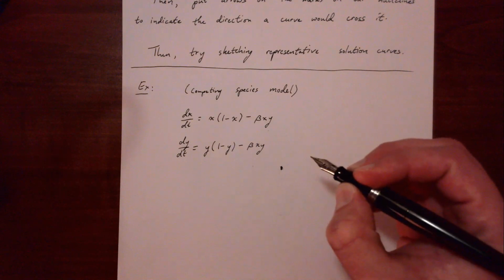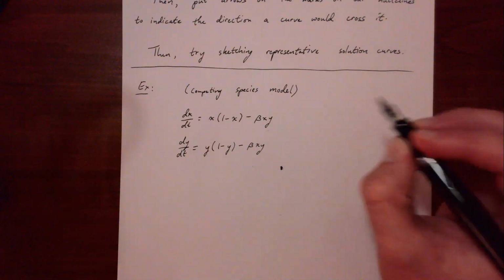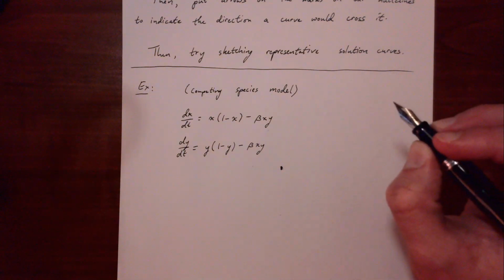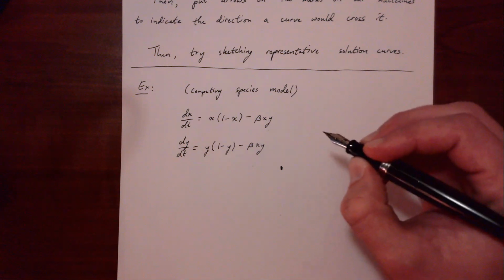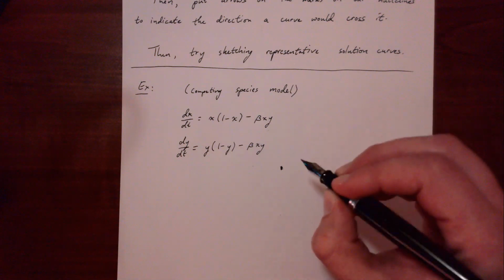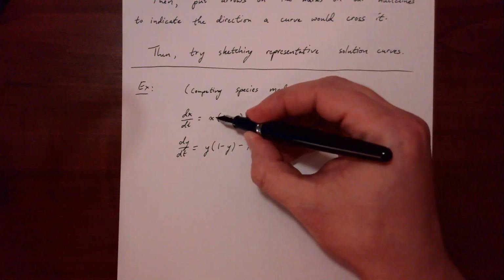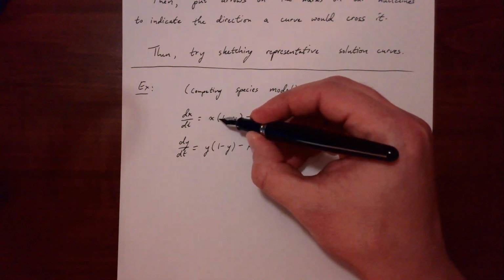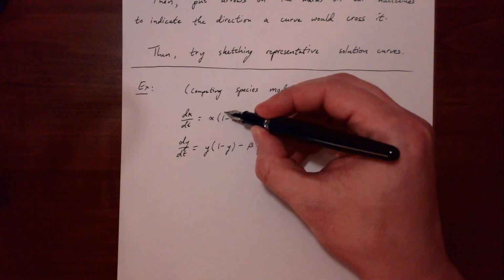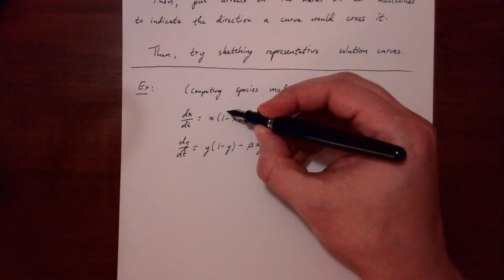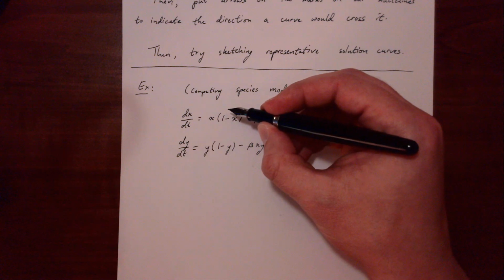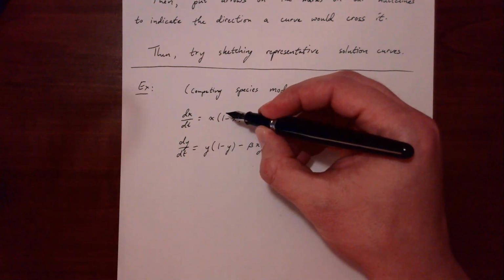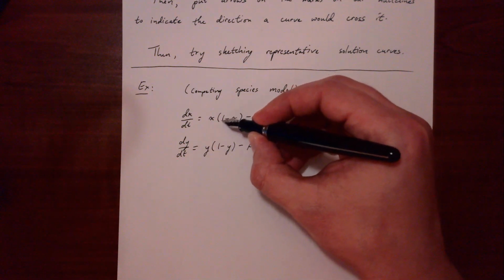And what the meaning of this is, so x and y each represent a certain species. They are competing for resources in a certain habitat. And the first part of each of these represents essentially what would happen to one of the species if the other one were completely absent. And this actually would represent a logistic population model with a carrying capacity of 1.